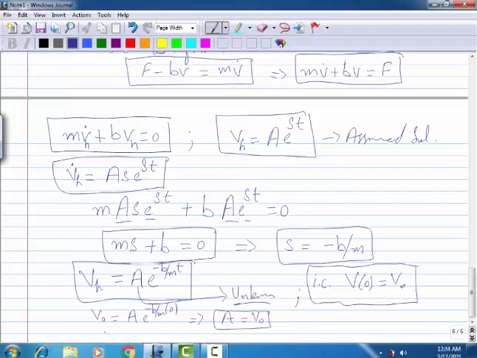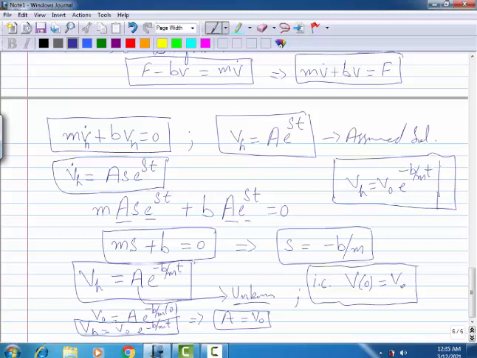The solution we get is v h equal to v naught e to the minus b by m t. But this is the homogeneous solution, the first part of the solution. I need the second part as well so that I get the total solution.